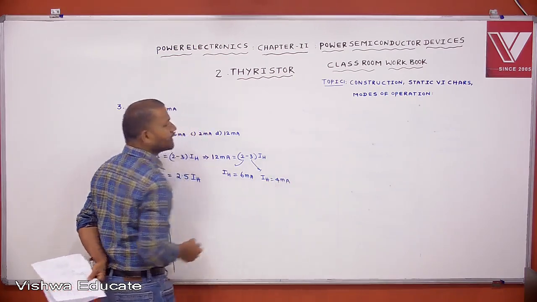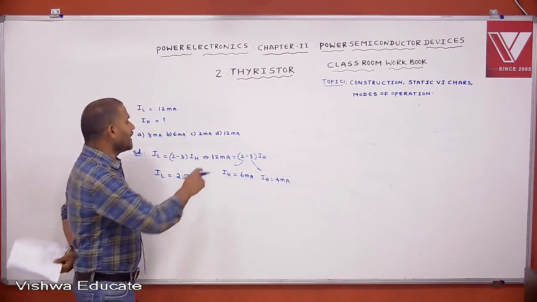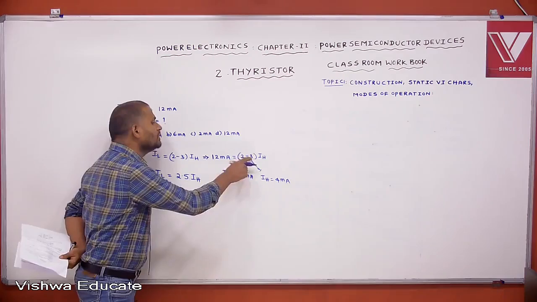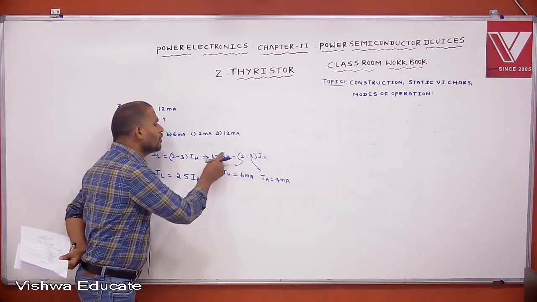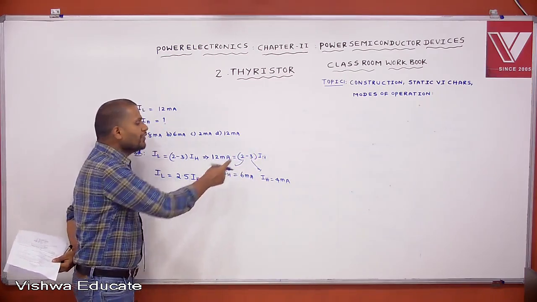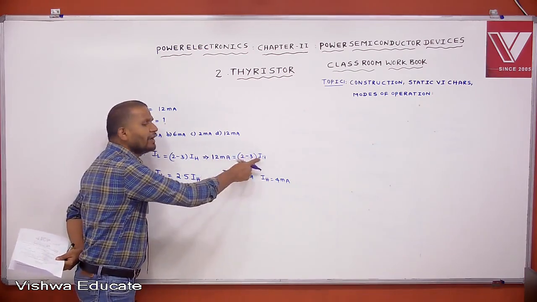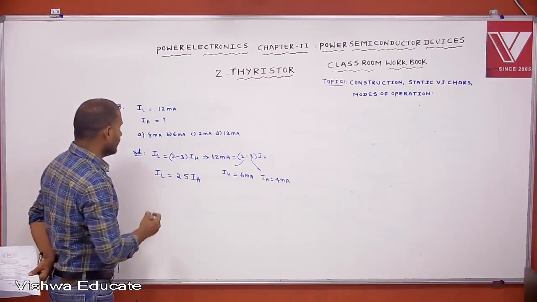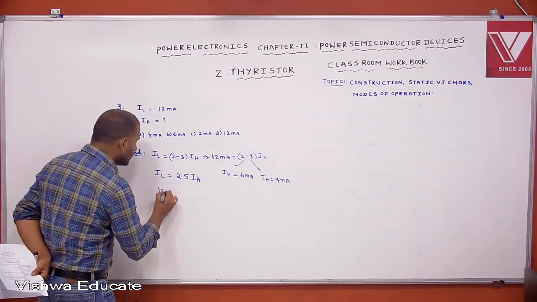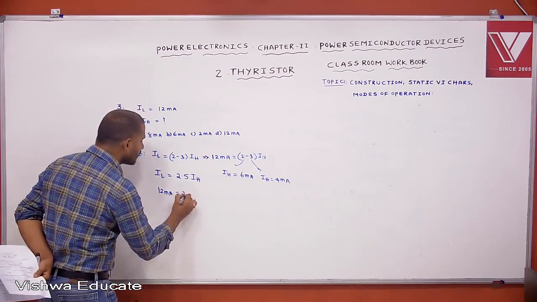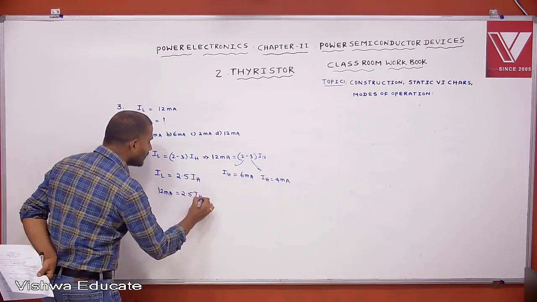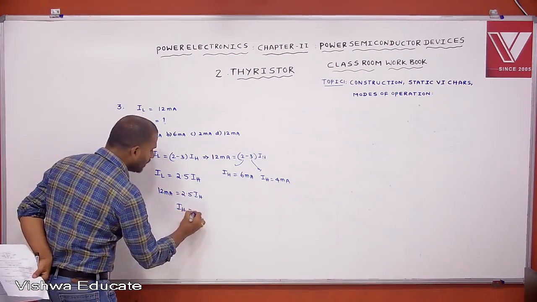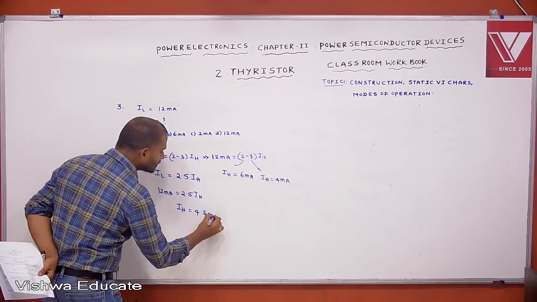If you take 3 times, that is 12 milliampere equal to 3 into IH, then IH equals 12 by 3, 4 milliampere. If you take 2 times, 12 milliampere equal to 2 into IH, then IH is 6 milliampere. If you take 2.5 times, the holding current is 4.8 milliampere.